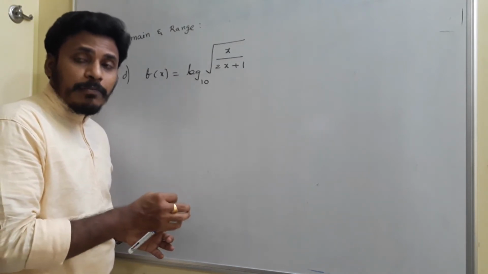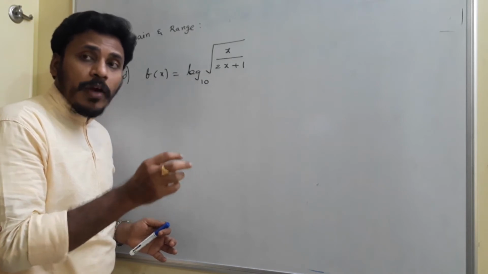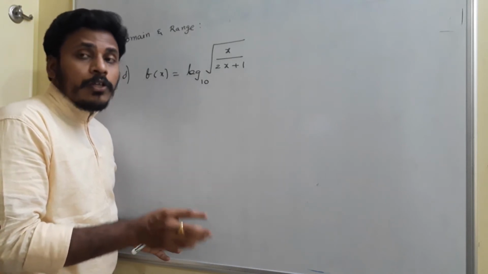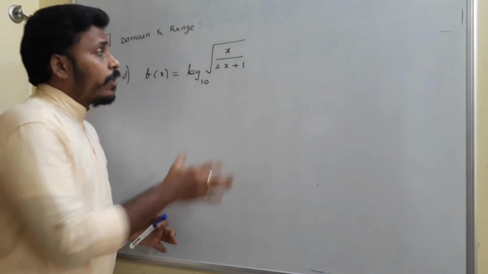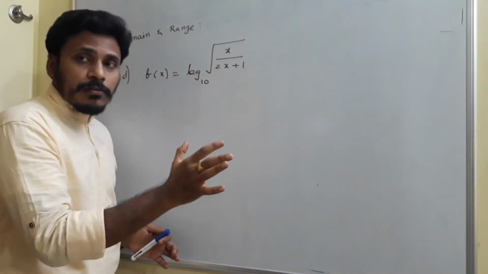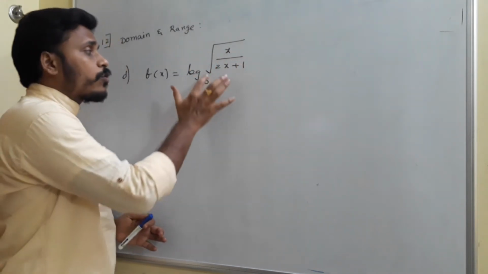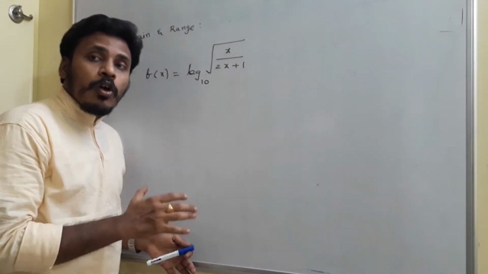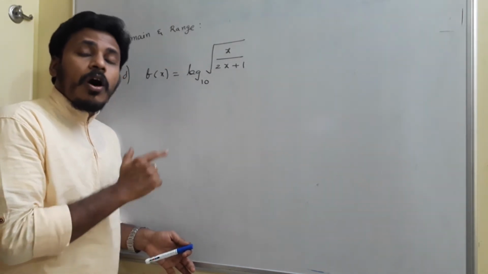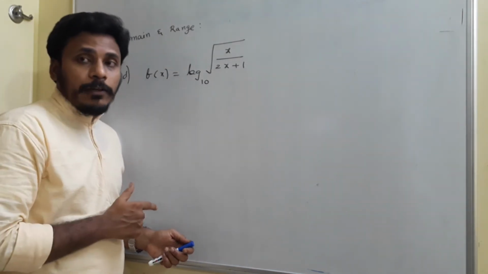Domain is simply the values of x you need to find. Values of x for which this x by (2x plus 1) exists, values of x for which this square root exists, values of x for which this logarithm exists, all those values of x you need to find.